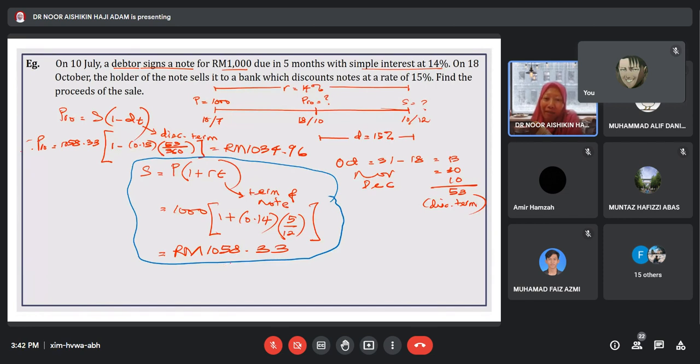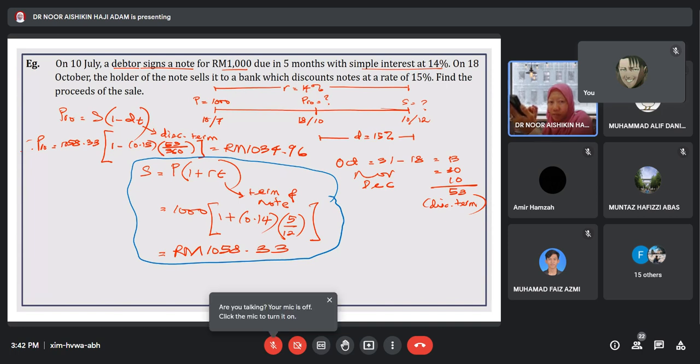Slightly less than apa yang dia patut dapat in December. Betul tak? And the difference there, 1058.33 tu, RM23.37 tu, that is the discount amount. The difference between S and proceeds.